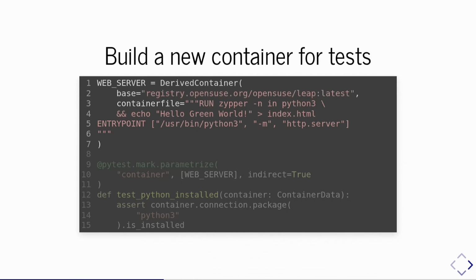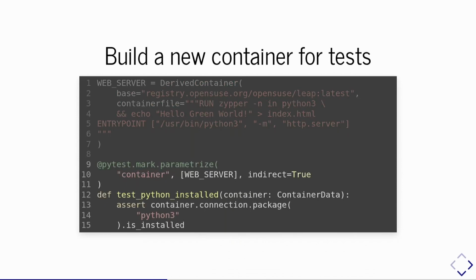You put that in a creatively called derived container class, and then you execute your test. And if you now launch pytest, it will first pull the base image, then it will build this web server image, then it will launch your test, execute all the tests, and whether they failed or not doesn't matter. At the end, it will destroy everything, but it will keep the container images around.